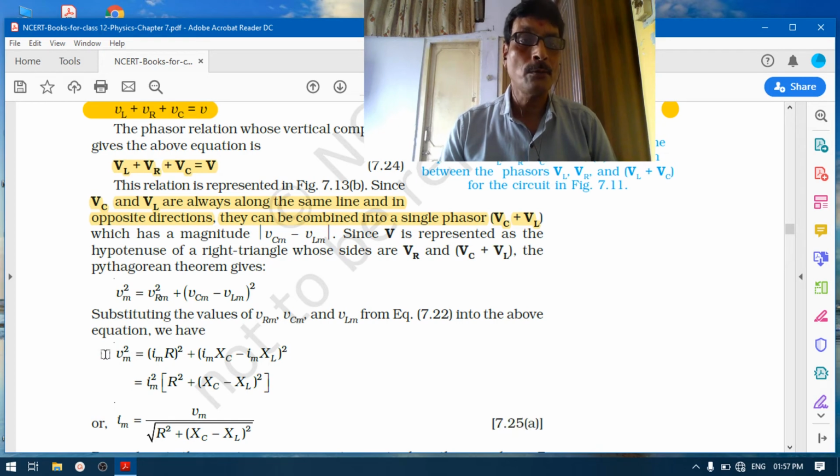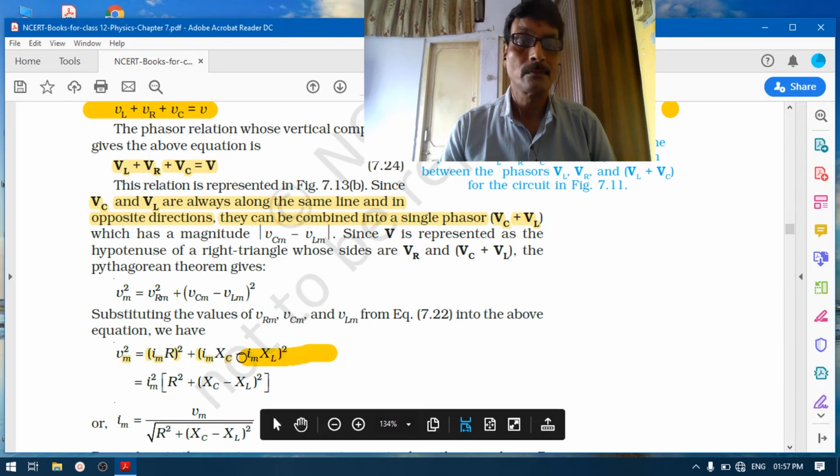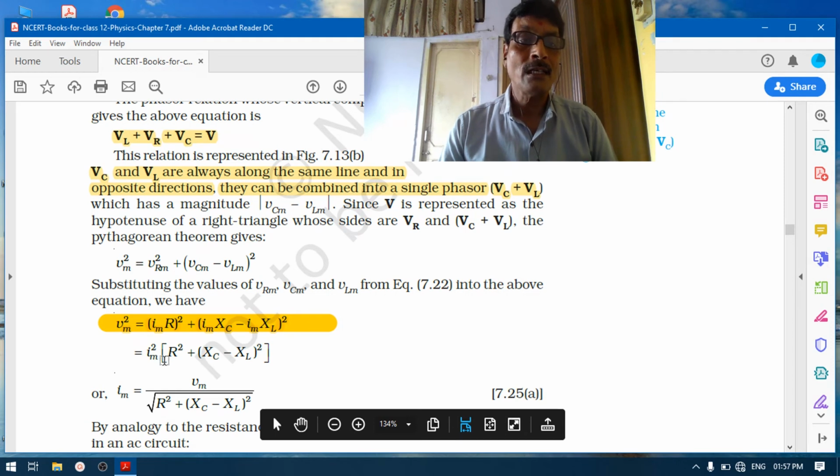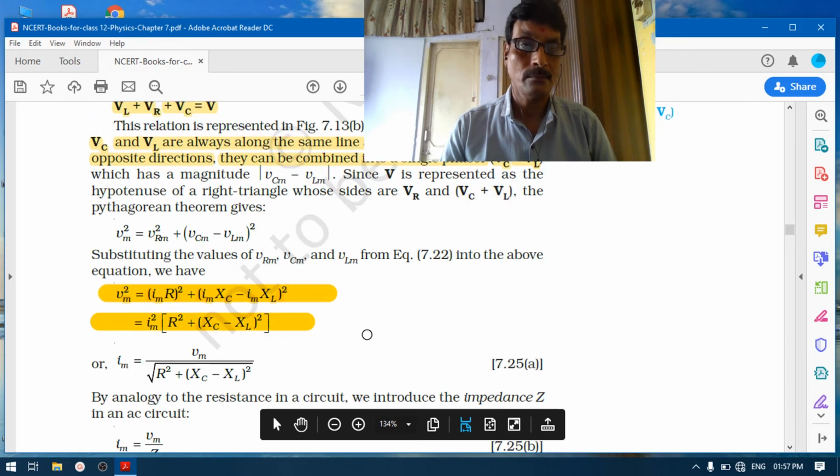So the total voltage Vm square equals Im R square plus Im Xc minus Im XL square. Now Im square is common. So the final answer is Im square times in bracket R square plus Xc minus XL whole square.